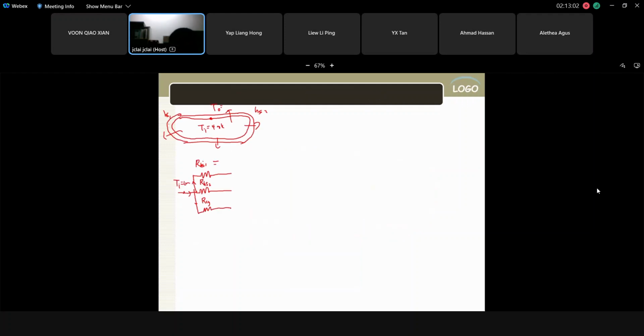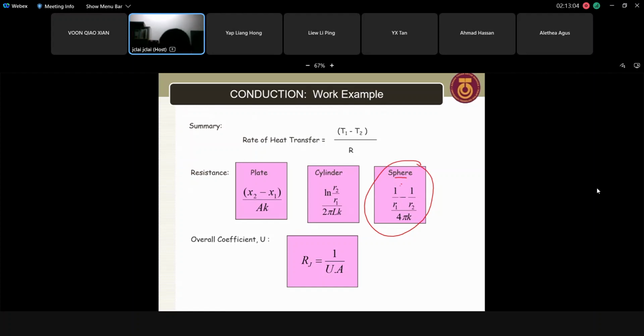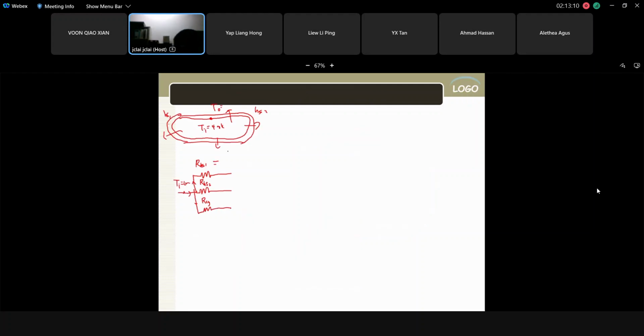So what you can do, the formula is (1 over r1 minus 1 over r2) divided by 4 pi k. You need to multiply by half, right?